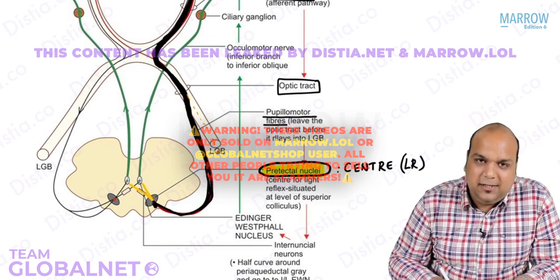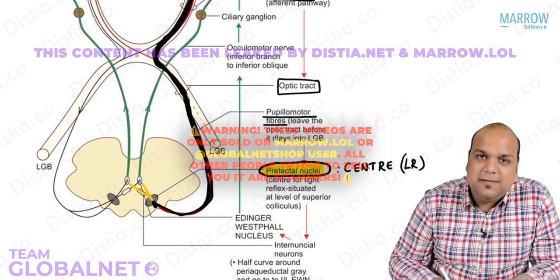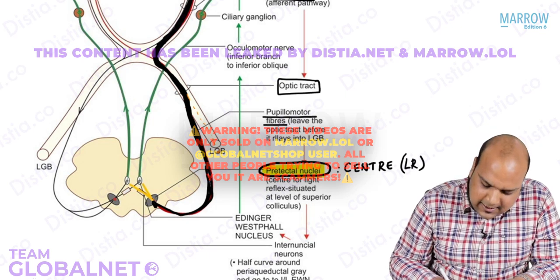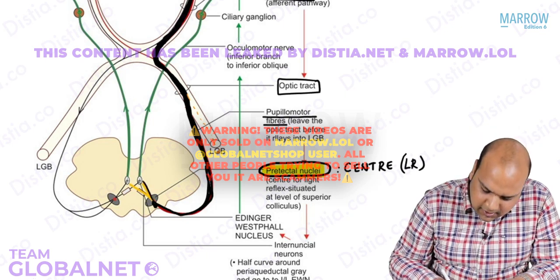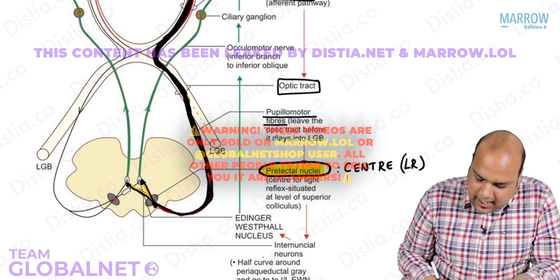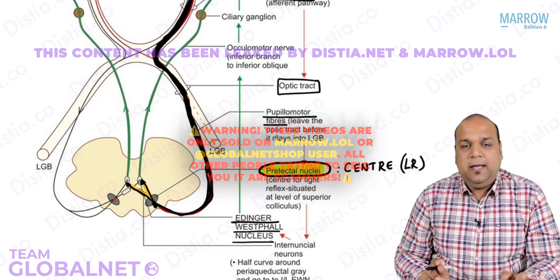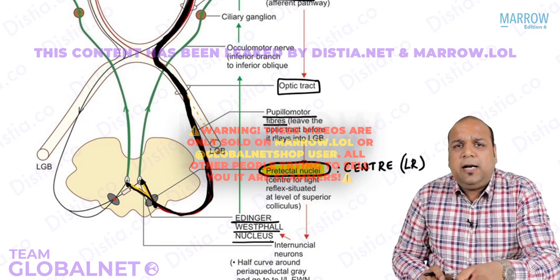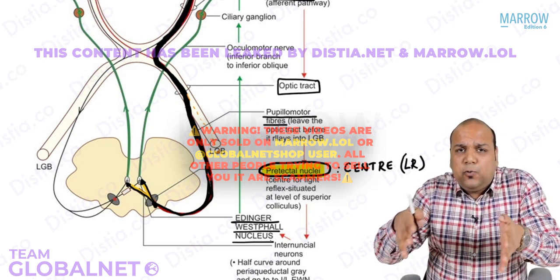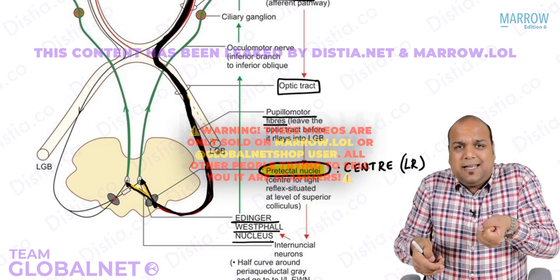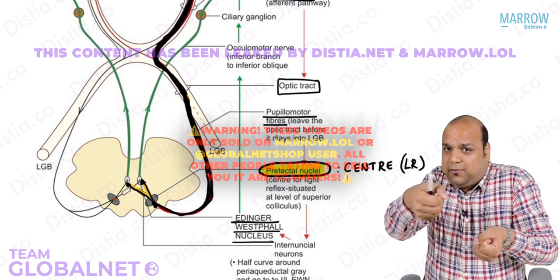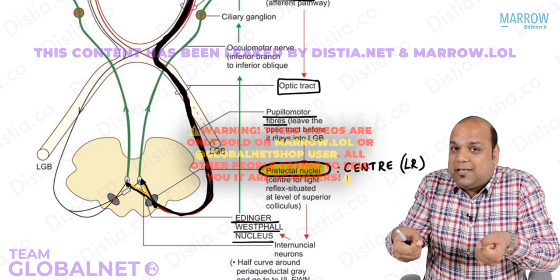Follow these yellow lines, everybody. We see that the impulse travels to the right side as well as to the left side Edinger-Westphal nucleus. So the impulse which was only in the right pretectal nucleus is getting split into two parts, traveling to the right, that is the ipsilateral Edinger-Westphal, as well as the left or the contralateral Edinger-Westphal.